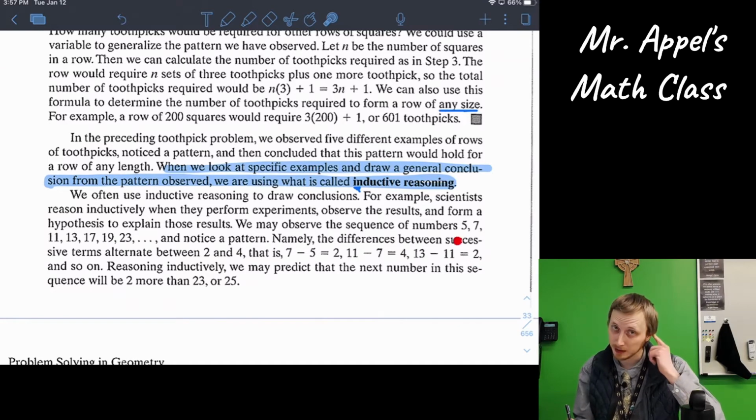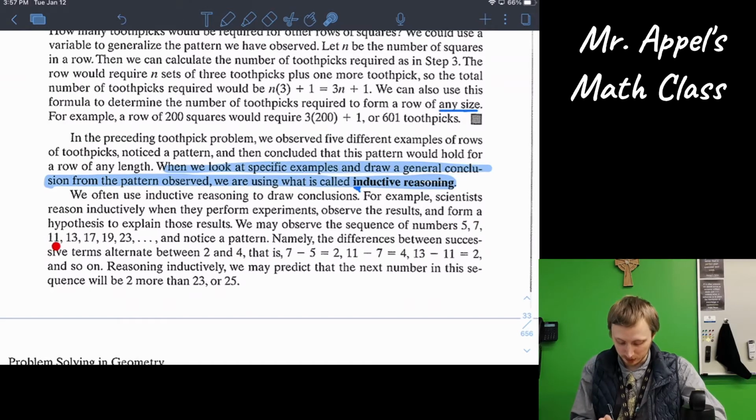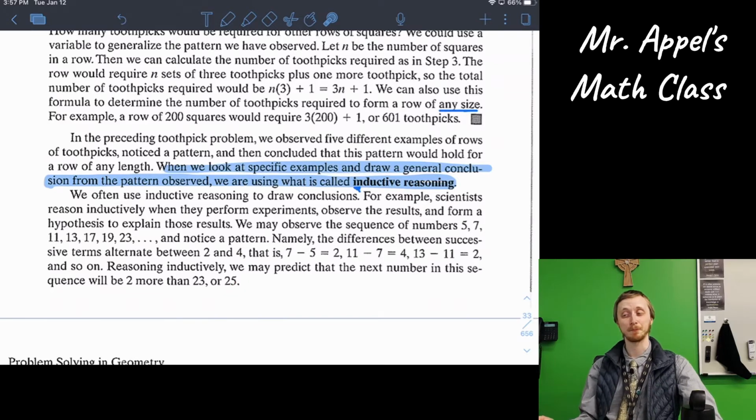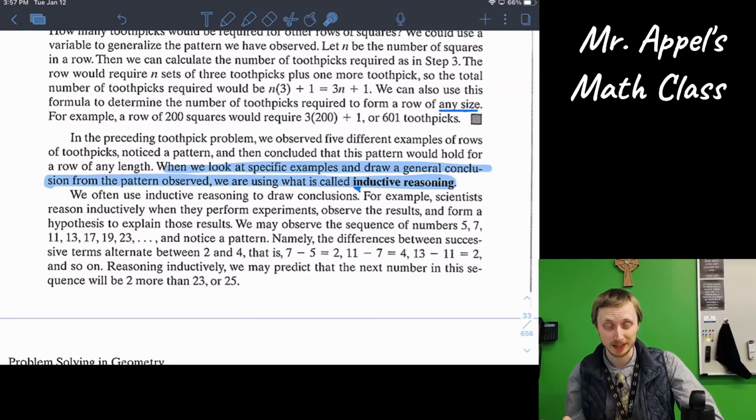Or you could think, how much do I add? From 5 to 7 plus 2, then from 7 to 11 plus 4, and then plus 2, plus 4, plus 2, plus 4. Reasoning inductively, we may predict that the next number in this sequence, I added 4 here, so should be 2 more than 23, 25. That sounds perfectly logical.